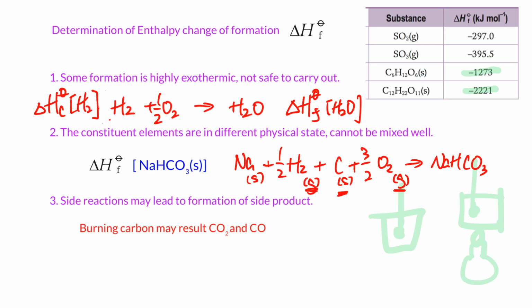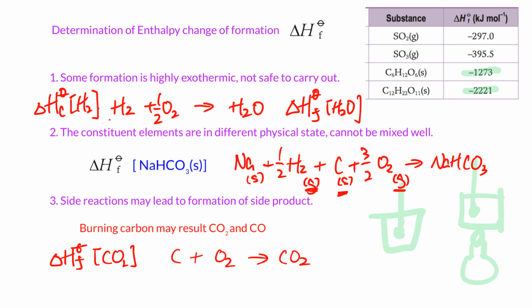Third, there may be side reactions that lead to the formation of other side products, and they may also affect the enthalpy released. For example, for the formation of carbon dioxide, we have the equation C plus O2 to give CO2.